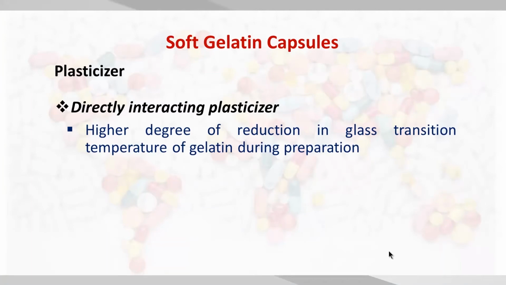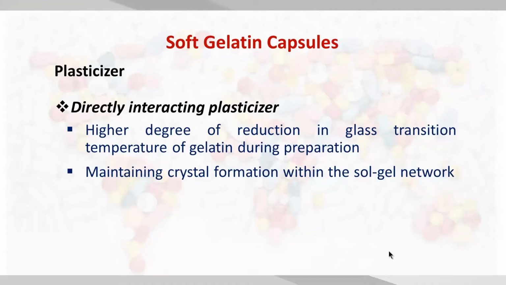The directly interacting plasticizer affects the soft gelatin capsule shell by a high degree of reduction in the glass transition temperature of gelatin during the preparation. It means that when the plasticizer is added to the gelatin solution, it reduces the glass transition temperature of gelatin.